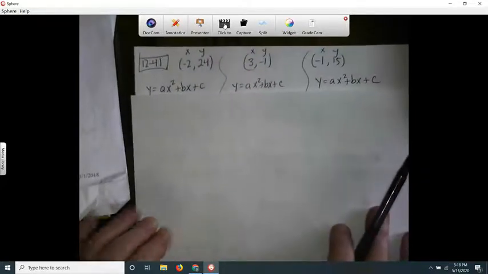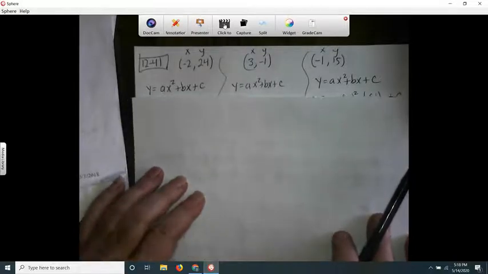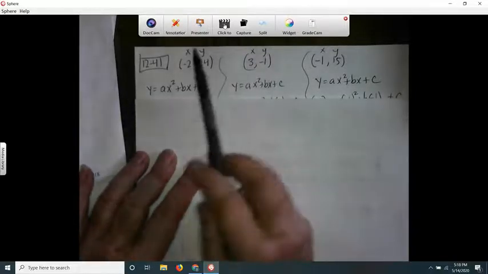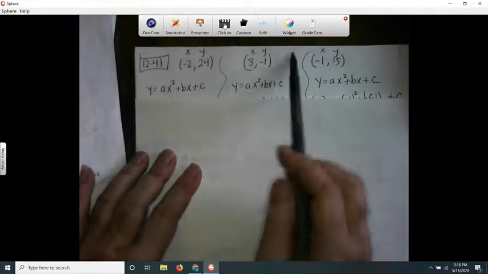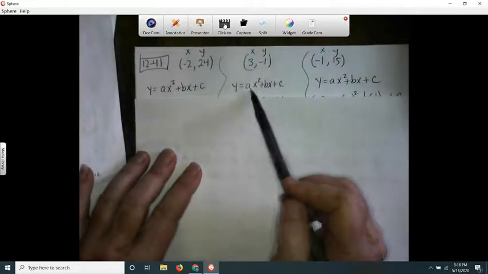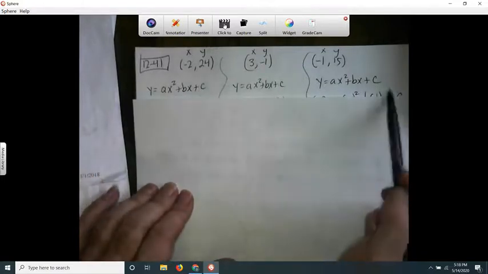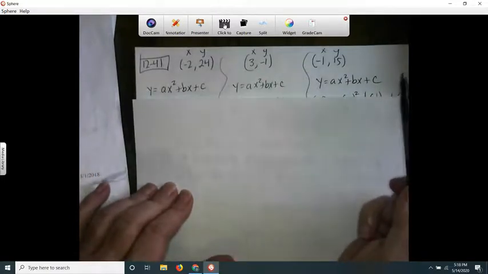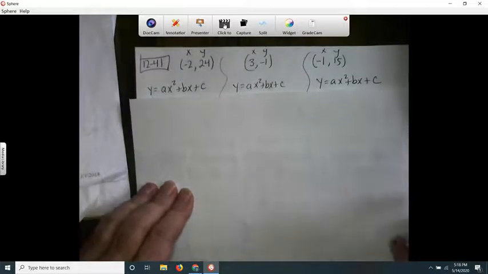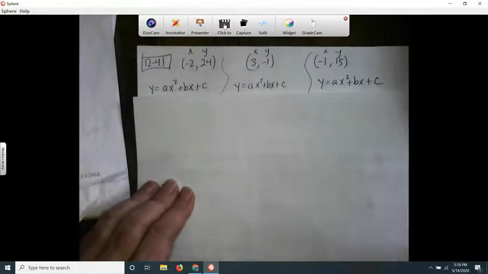So what you're going to do is plug these ordered pairs into the standard equation, and you're going to end up with 3 equations in 3 unknowns, and then solve the system. In other words, you're going to find out what a, b, and c equal.